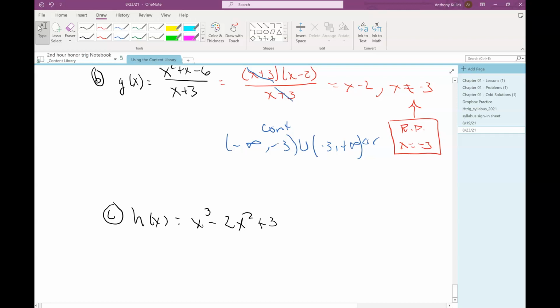Can never make something undefined by doing that. So this is just everywhere continuous. Are we okay with why I was able to determine that just by looking at the equation? In general, I'll tell you this, all polynomials are everywhere continuous. As a general rule, all polynomials are everywhere continuous, which is really nice, right?